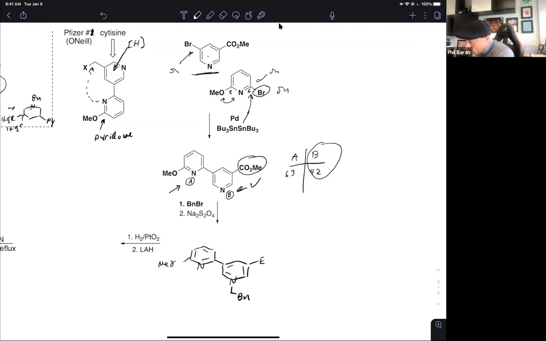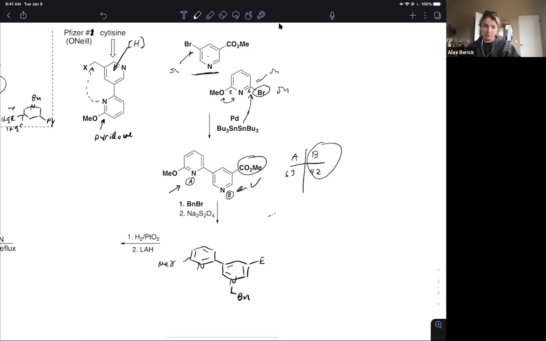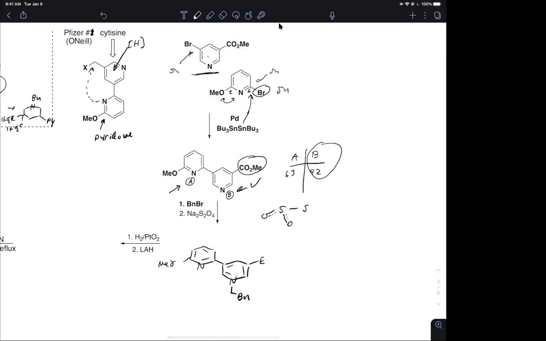So what is sodium dithionite, do we think, going to do in this reaction? It's a strange reagent. It'll oxidize the pyridinium salt. You could add it as a 1,4 nucleophile.